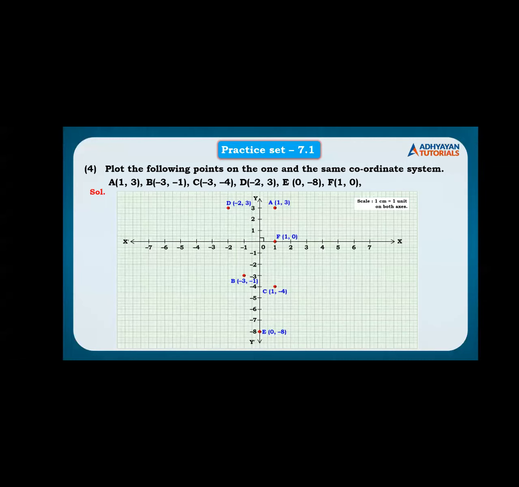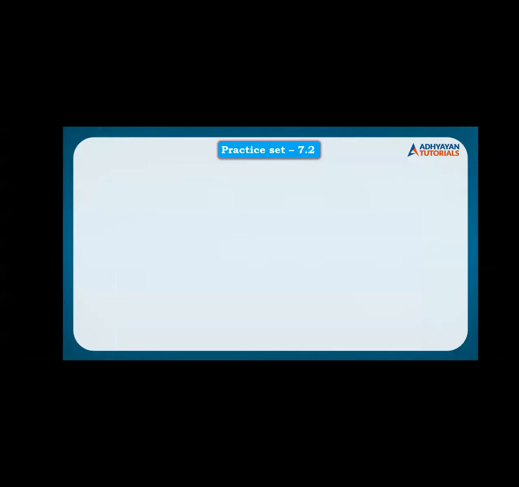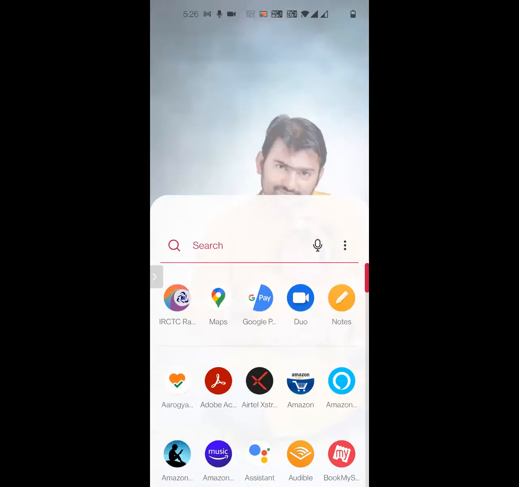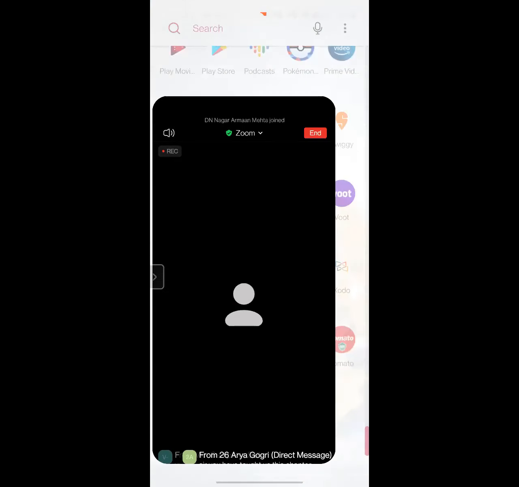The sums which I've discussed today were very, very, very simple sums. And I believe there should not be any doubts in those sums particularly, right? Still, if there are any, we'll discuss those in the next 2 to 3 minutes, maybe 4 minutes, right? So I'll just stop with the content here. I would like to check if there are any doubts, right?